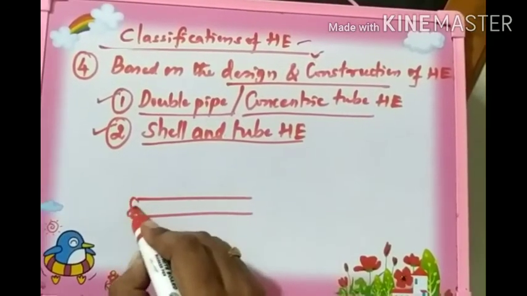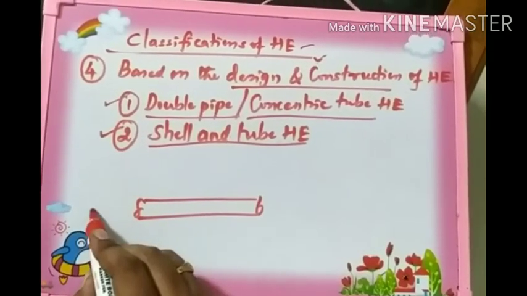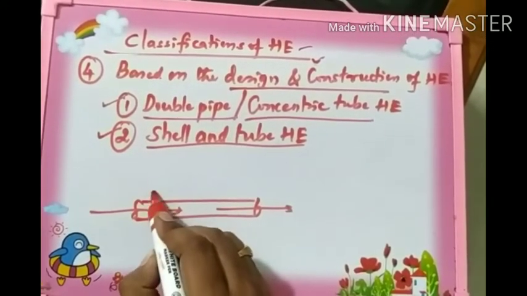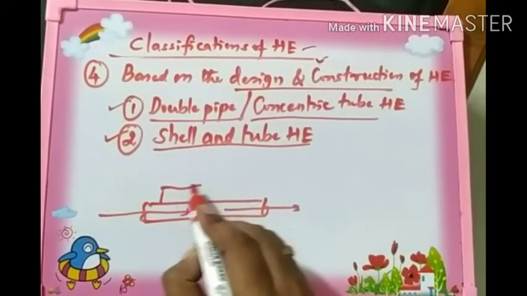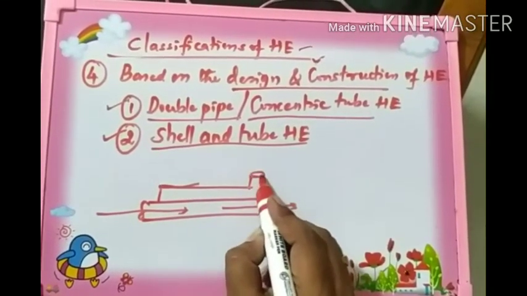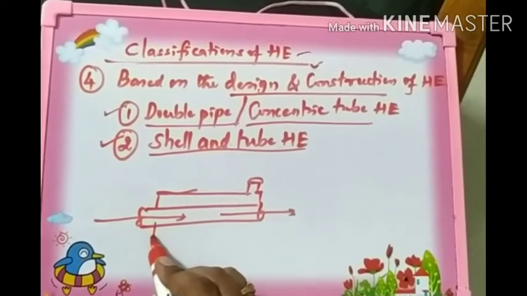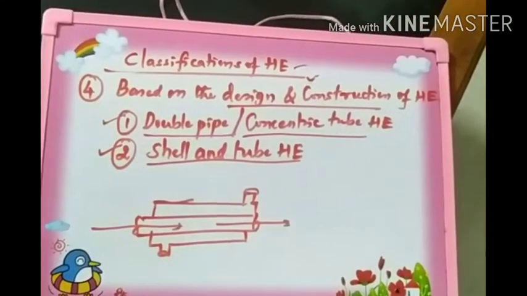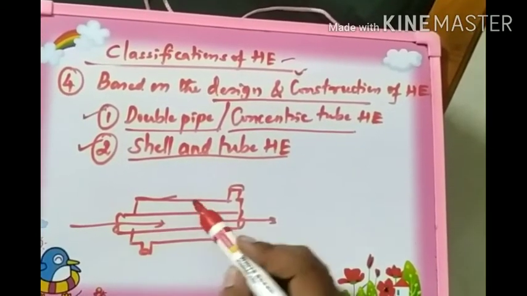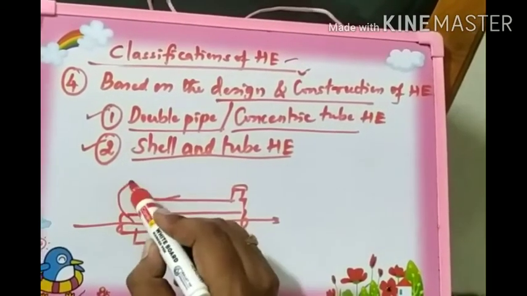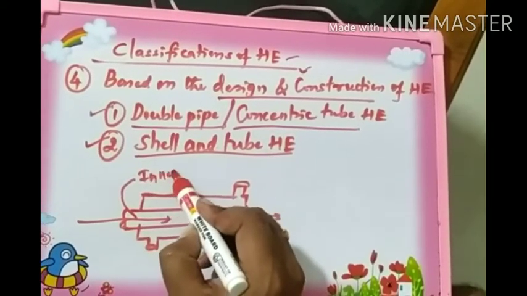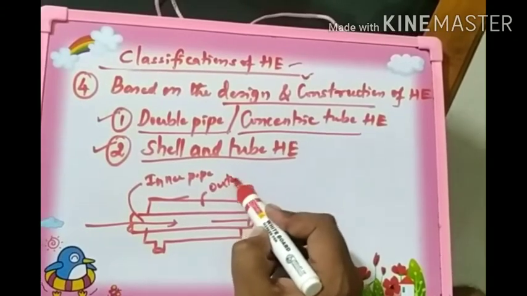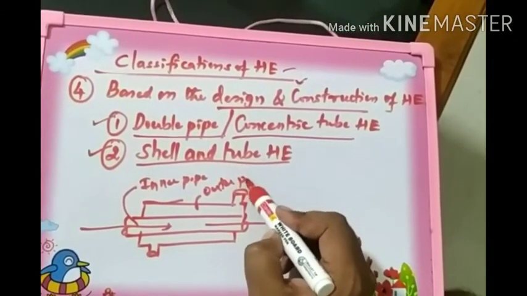So there is a pipe. Assume there is a pipe. Inside this pipe, there is a fluid flowing like this, and surrounding this pipe, there will be one more pipe like this. Can you understand this? So you can see here there are two pipes. This is the inner pipe, and this surrounding is an annulus pipe or an outer pipe.